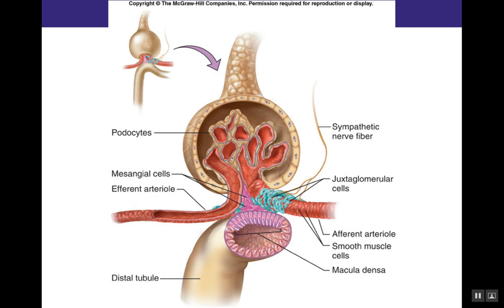So you constrict those afferent arterioles, decreasing glomerular filtration rate so that you're not filtering hardly anything at all, so you're not losing any fluids to your environment, excreting it. So again, those macula densa cells will cause constriction of the smooth muscle cells that surround the afferent arterioles if the flow through the distal tubule is too slow or too great.